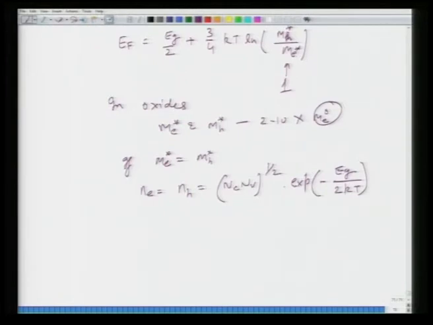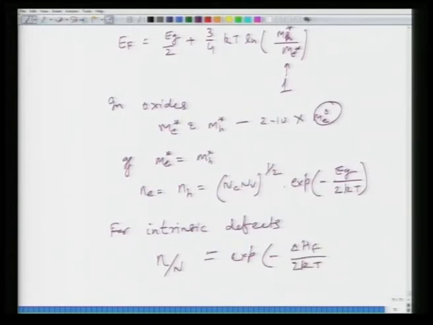This expression is very similar to what you see for defect concentration. For defects, we worked out n by N is equal to exponential minus delta Hf by 2 kT, in the case of Frenkel defects.